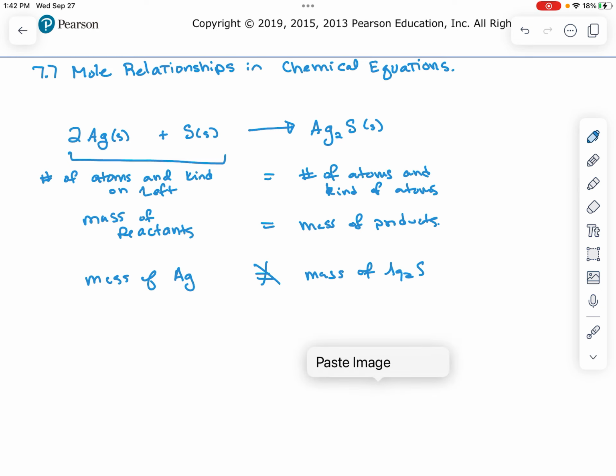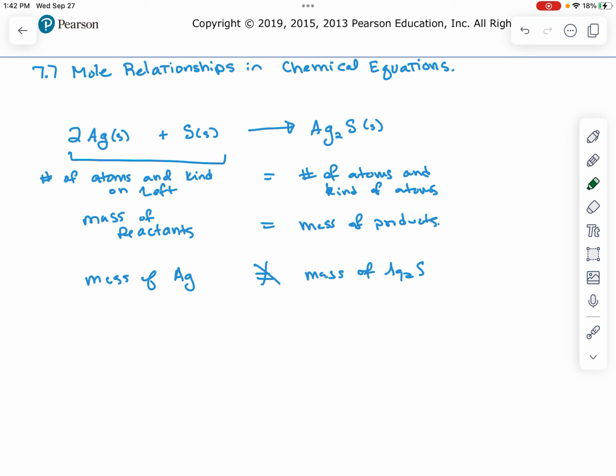We cannot say that. And so what you're going to come to see is that we have to talk about relationships between chemically reactive species in terms of their moles. So we could say that for every 2 moles of silver atoms, we get 1 mole of silver sulfide.